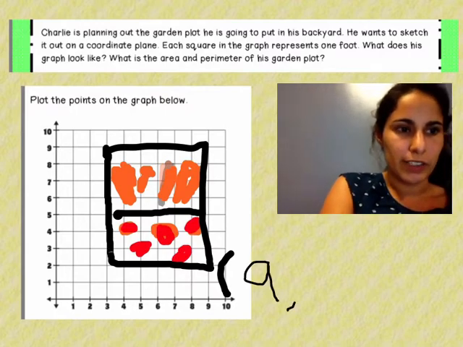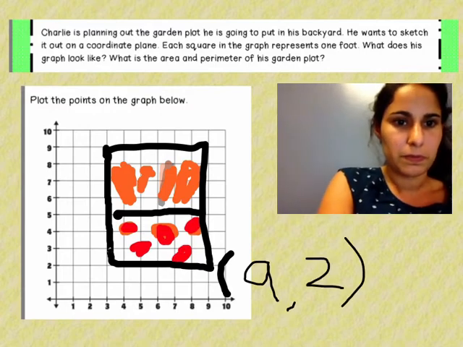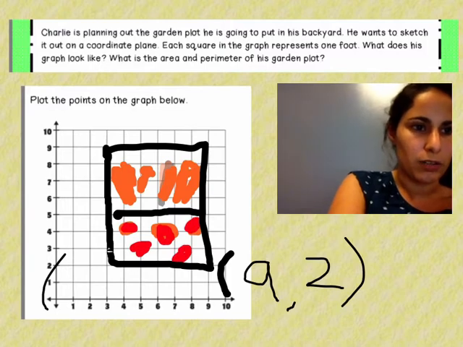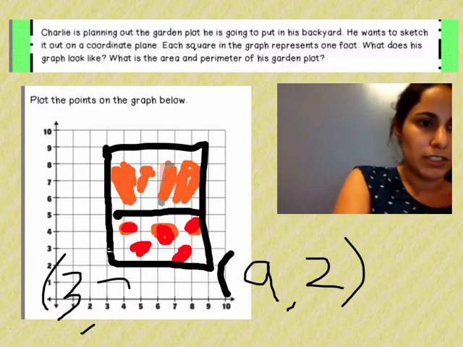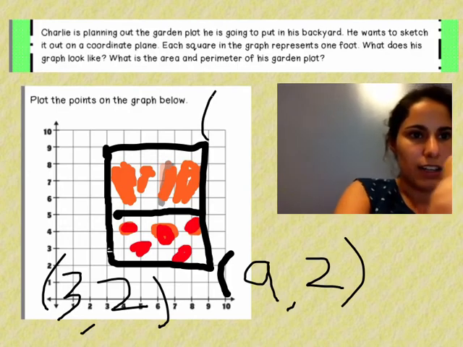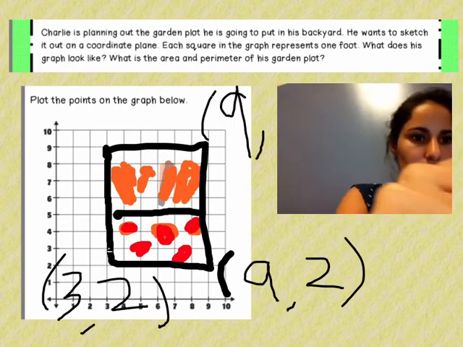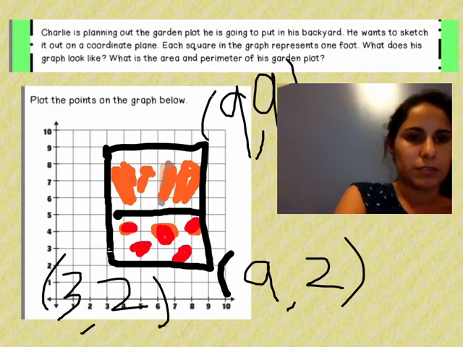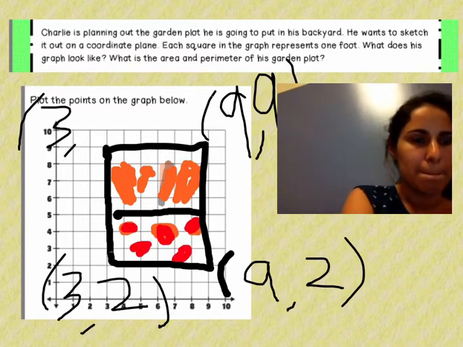I go over and then I go up, so it's (9, 2). This one is at 3, and then I go up 2, so (3, 2). This point over here is going to be at (9, 9), and this one over here is going to be (3, 9).